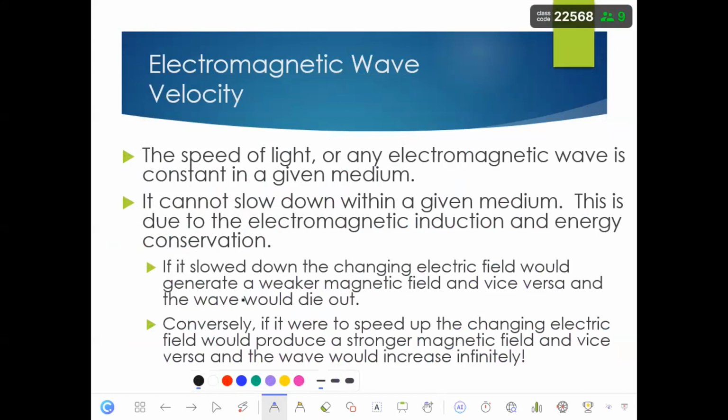So, regarding velocity, you should know that it doesn't matter: radio wave, visible light, X-ray, gamma ray, ultraviolet, infrared, all will have the same velocity, and this velocity is the velocity of visible light.